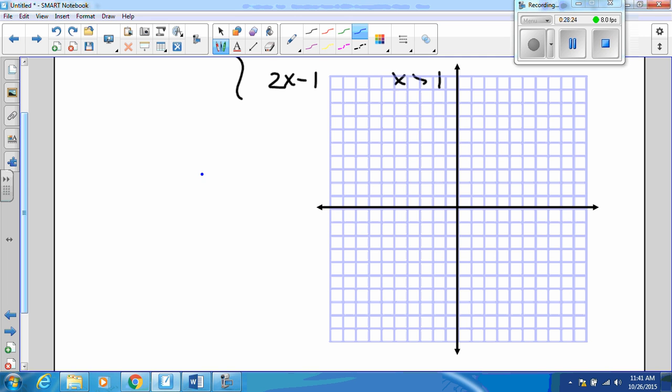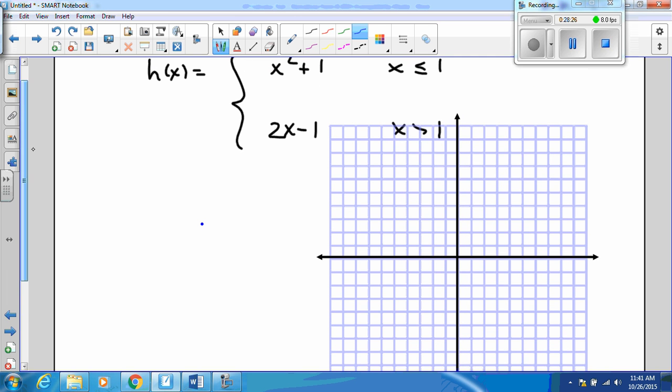It's x squared plus 1 for x is less than or equal to 1.